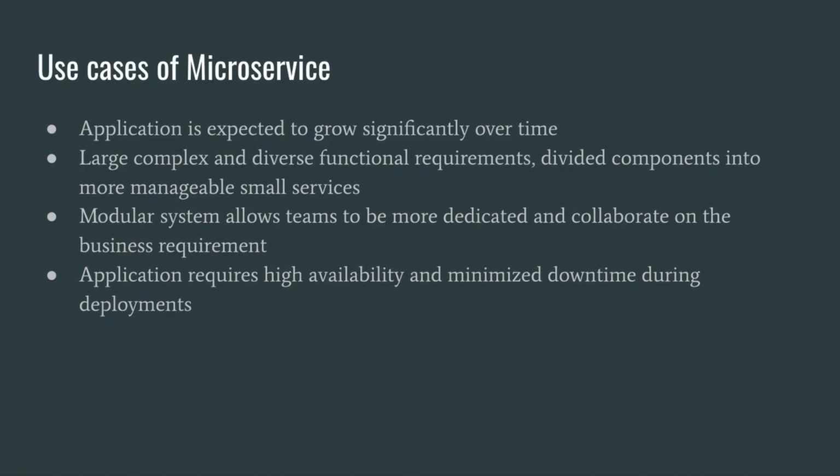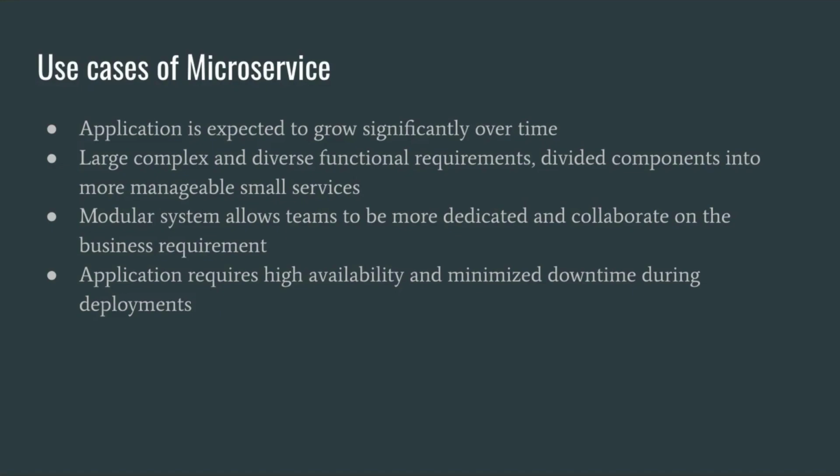So this one is basically for large enterprise applications. The application is expected to grow significantly over time. So large, complex, and diverse functional requirements, divided into more manageable small services. Modular systems allow teams to be more dedicated and collaborate on their business requirement.